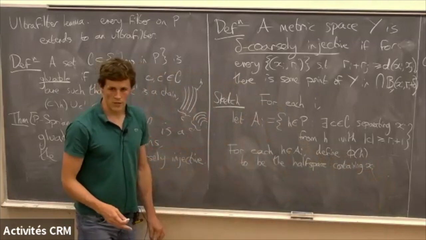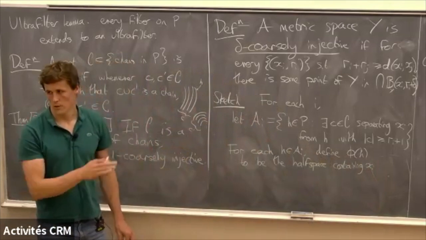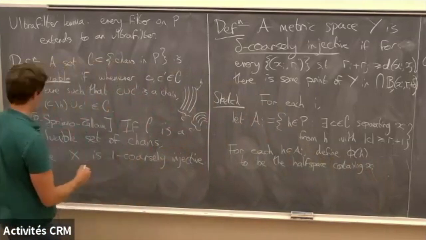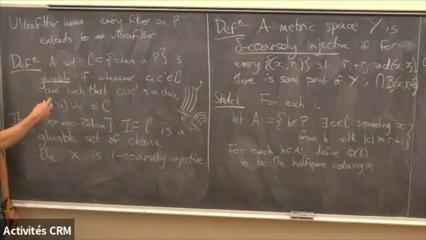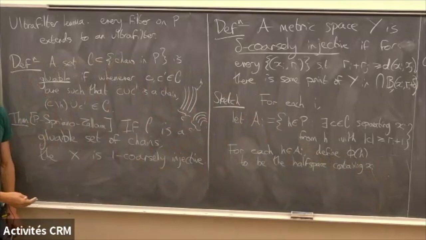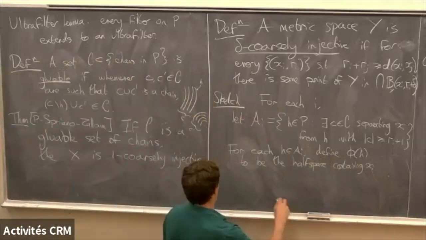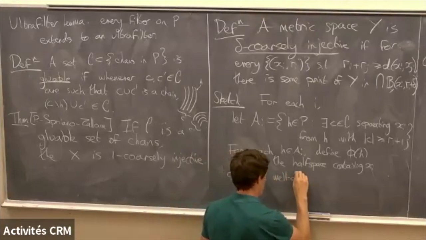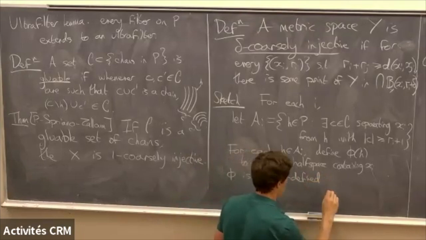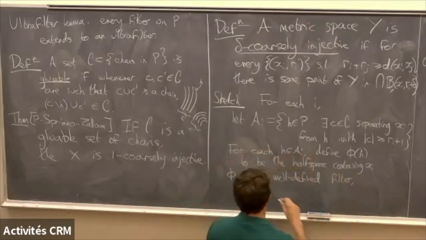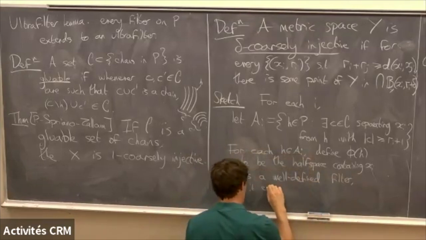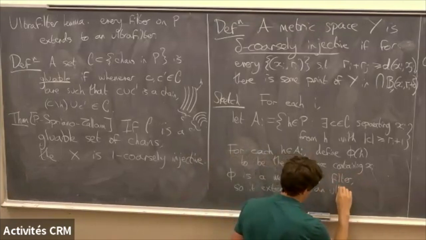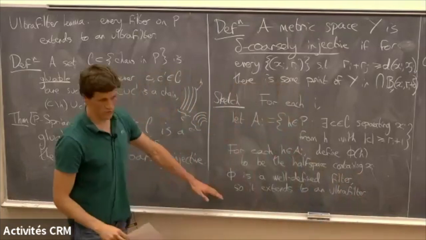But maybe I told you to do contradictory things, and maybe it wasn't well defined. Well, that's something that you can just check. This is where the gluability condition comes in. Using gluability, you can check that phi is well defined, and you can also use gluability to check that it's a filter. So it extends to some ultrafilter.